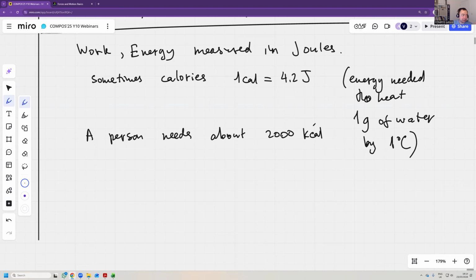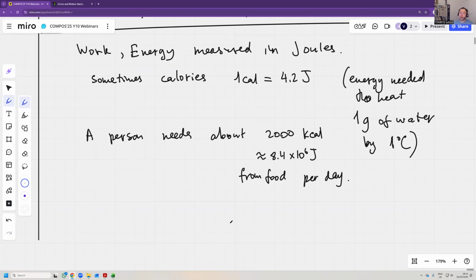Somehow they forget the word kilo, so they're off by a factor of 1,000. 2,000 kilocalories is approximately 8.4 times 10 to the 6 joules, as far as I understand, from food per day. So quite a lot, right?